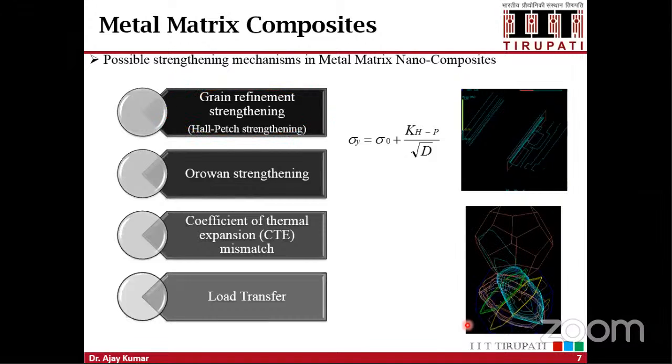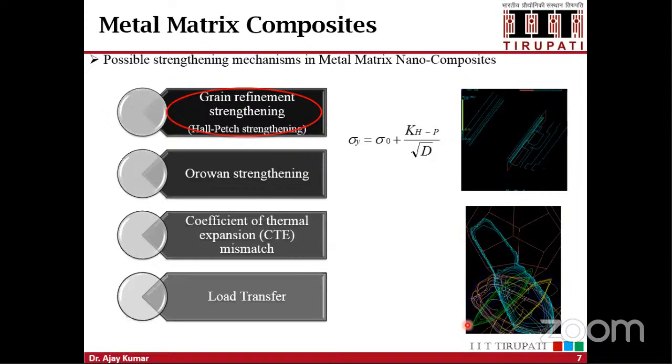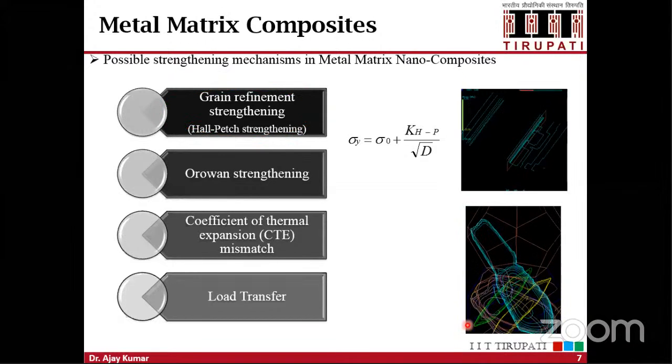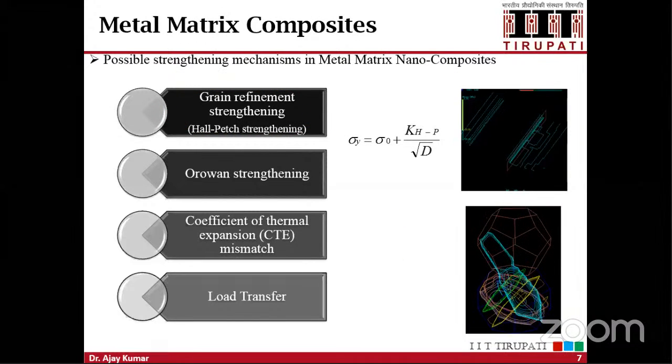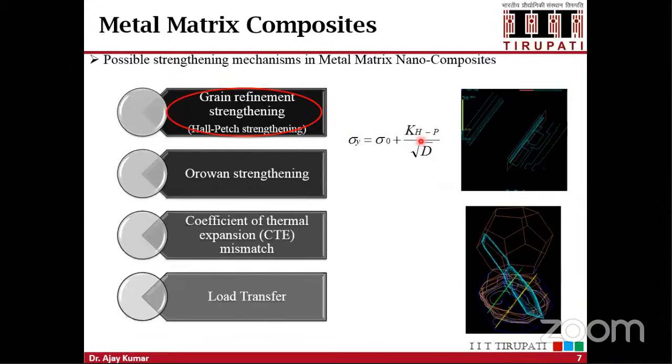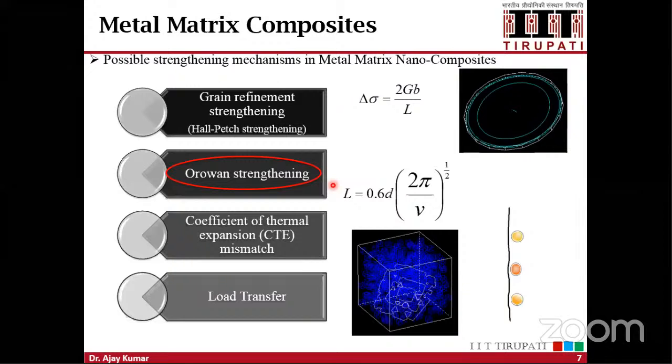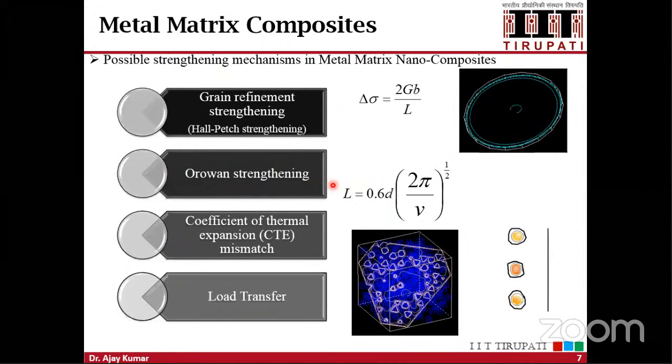When you manufacture these composite materials, you have to study the different strengthening mechanisms. How can you improve the mechanical properties? So we have four strengthening mechanisms in metal matrix nanocomposites. We have grain refinement strengthening, that is called Hall-Petch strengthening. Most of you will be aware of this equation. And then we have Orowan strengthening, where the dislocation multiplies.